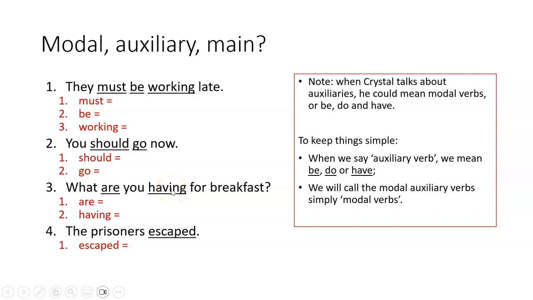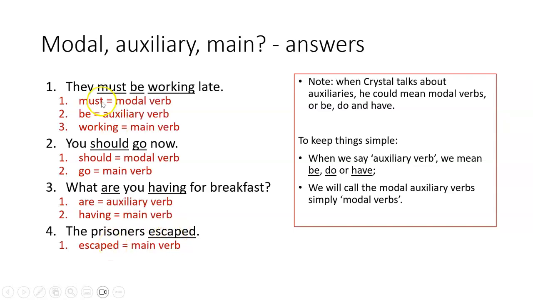Having, or say eating, is the main verb here. Are, it's not a modal verb, so it must be an auxiliary. And here, there's only one verb, so it has to be the main verb. Escaped. Okay? Double check. Feel free to pause. And let's continue.